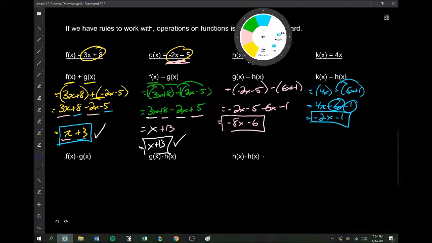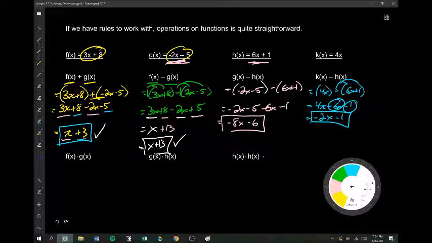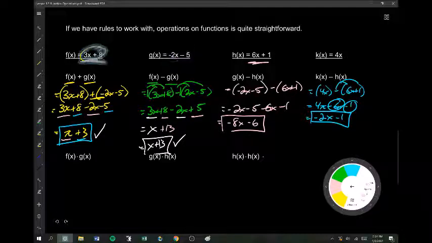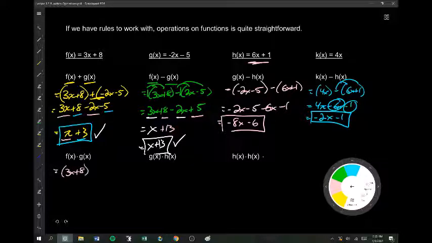Okay, next is multiplication. You know how to do this. You've multiplied expressions before. I'm doing f times g. So it's going to be 3x plus 8 times negative 2x minus 5. Distribute the 3x to get negative 6x squared.